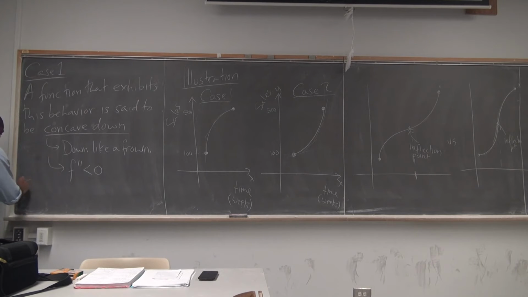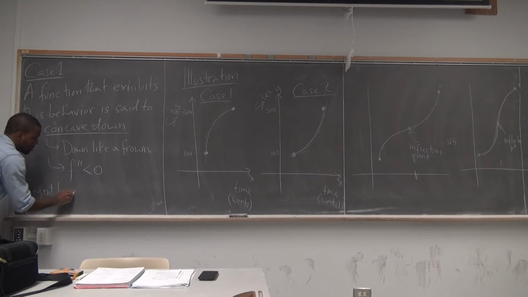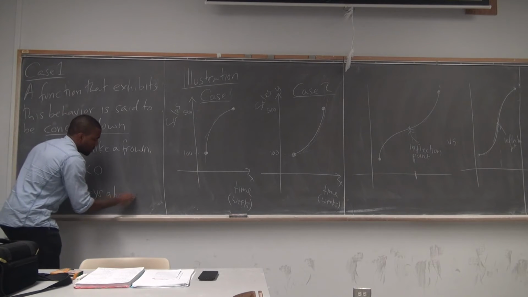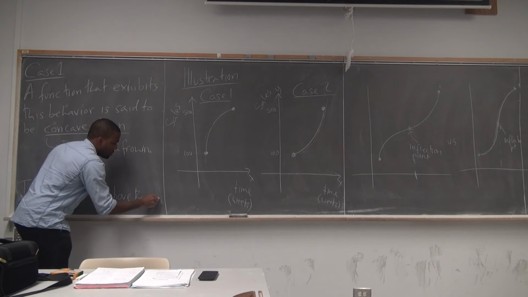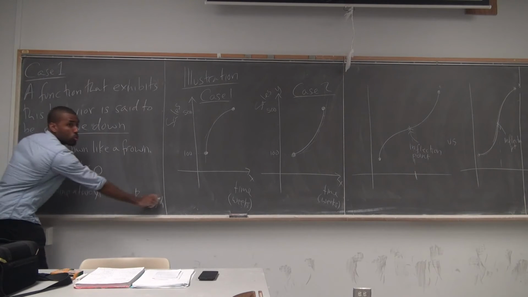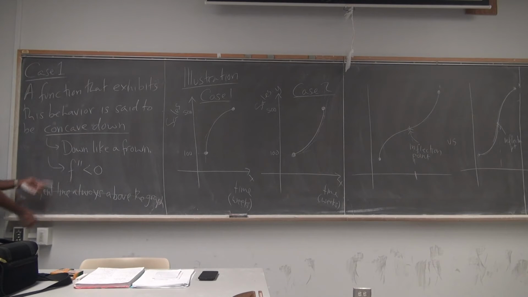This means the tangent line is always above the graph. That's just an interesting piece of trivia. You can forget about that if you want. But this you should know. Concave down means it's down like a frown, talking about the shape of the graph. This is how you're going to identify it, when your second derivative gives you a negative value.